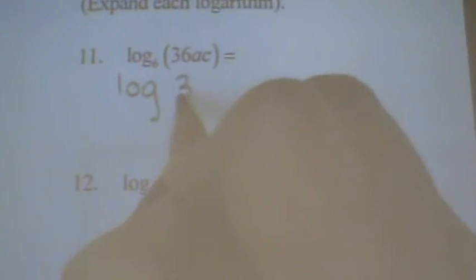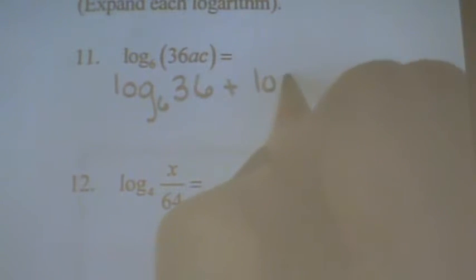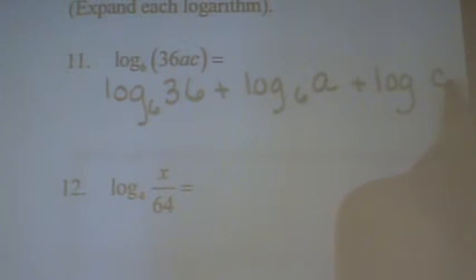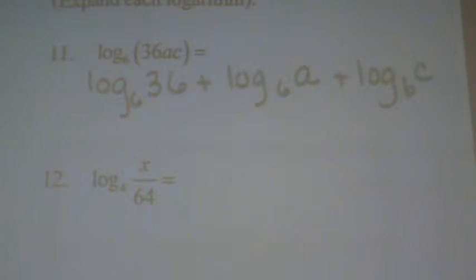Log of 36 base 6 plus the log of A base 6 plus the log of C base 6. Any of these 3, do you know? Do you know what the log of 36 base 6 is? 2. It's 2. How did you figure that out?